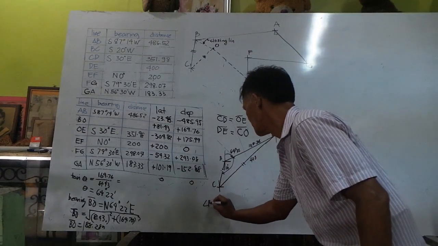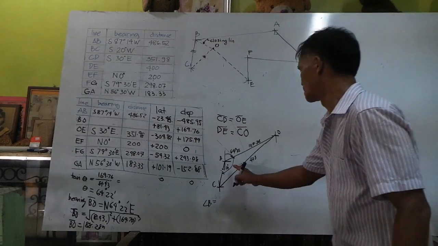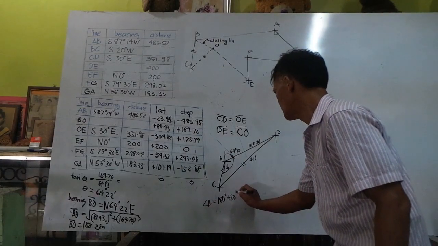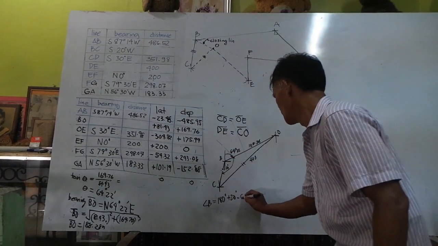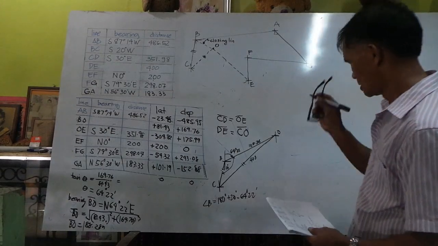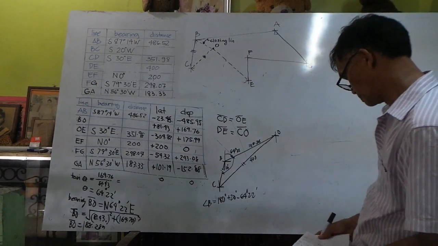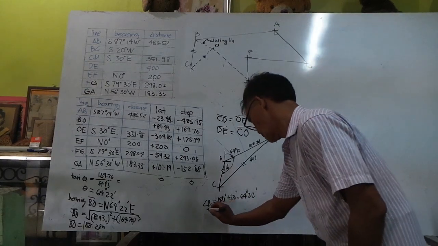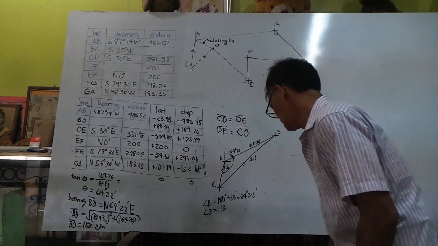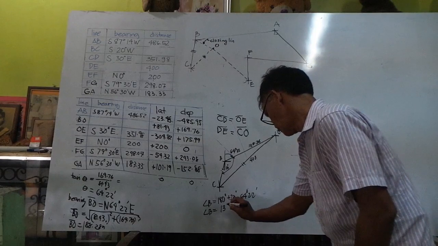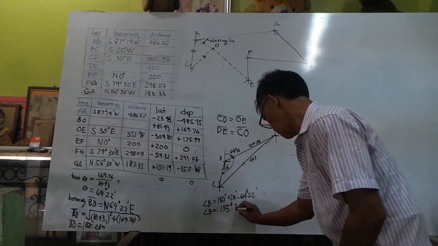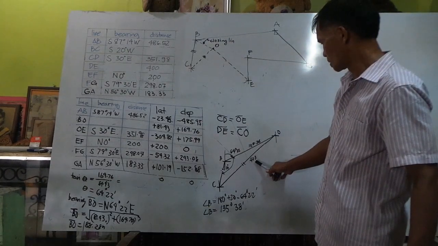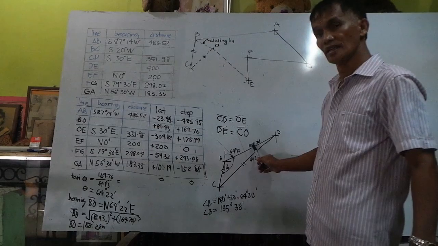Angle at B is equivalent to 180 degrees plus 20 degrees minus 64 degrees and 22 minutes, which gives angle B equal to 135 degrees and 38 minutes. This is an interior angle, opposite the 400, so we can get the other angles opposite the given lines.